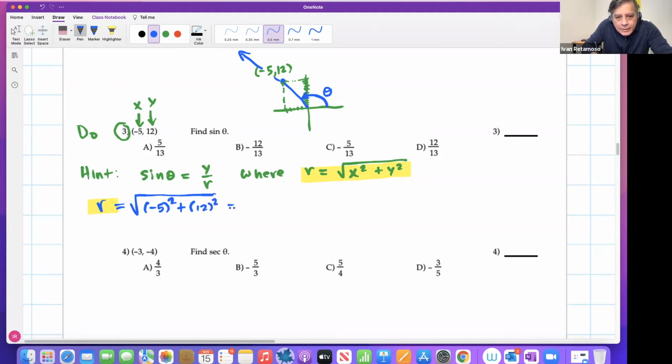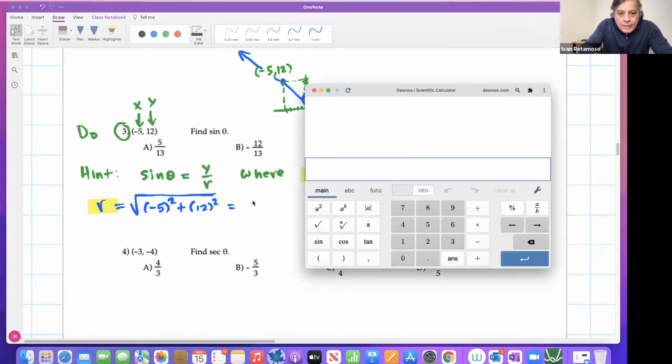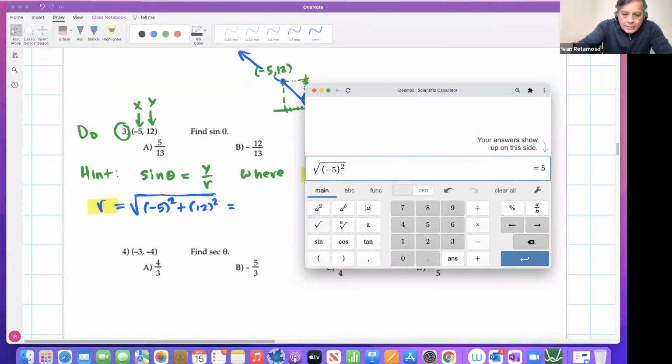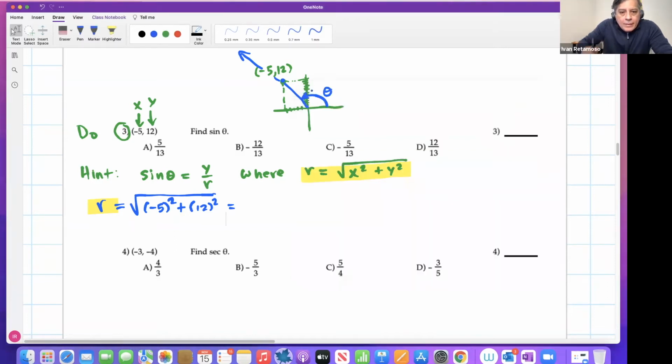What is this? Well, take your calculator, guys, and using the square root function, do this: -5 squared plus 12 squared. Great. It came out as the whole number 13. Okay, let's write 13 there.